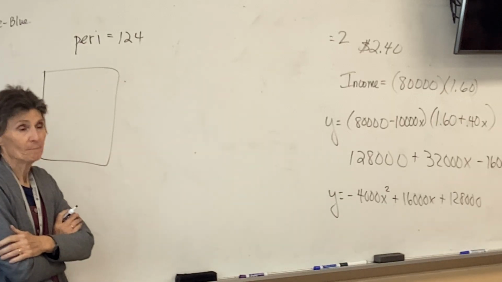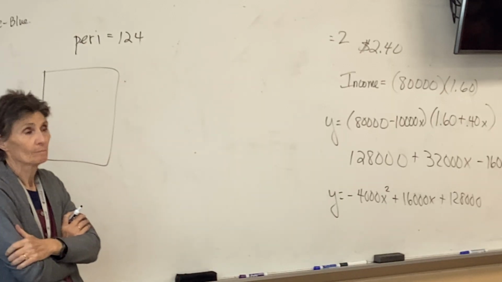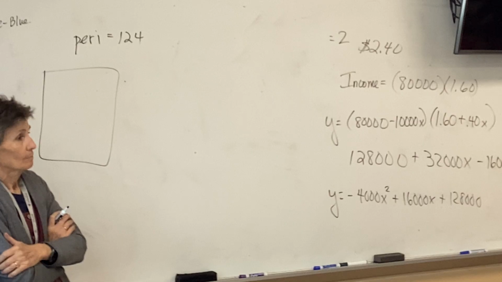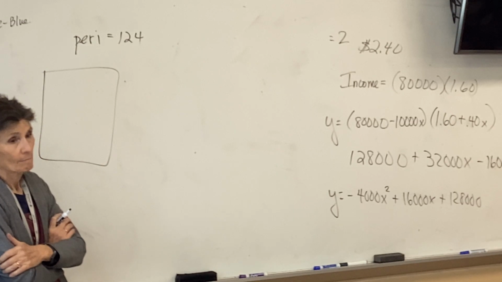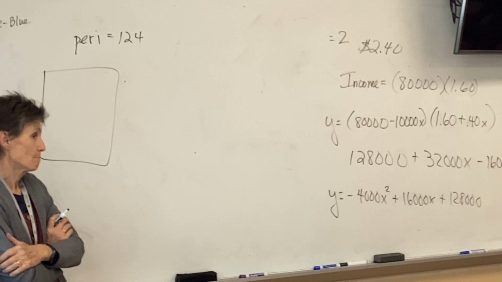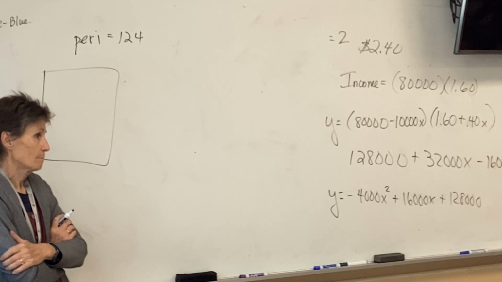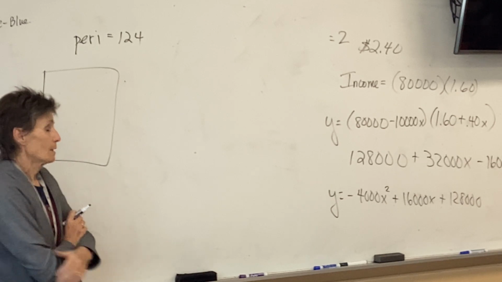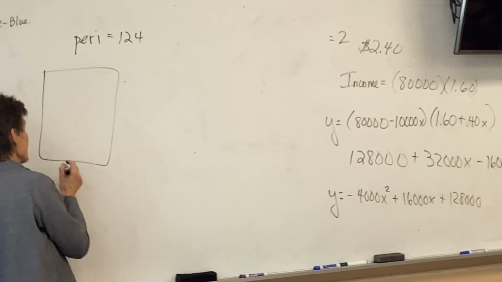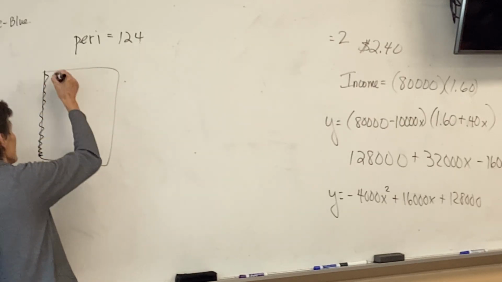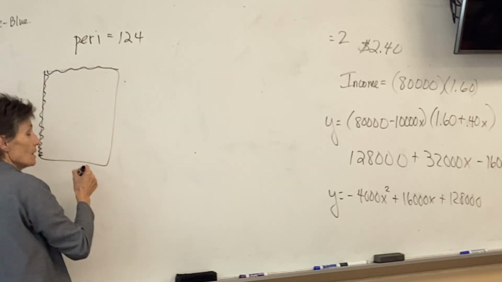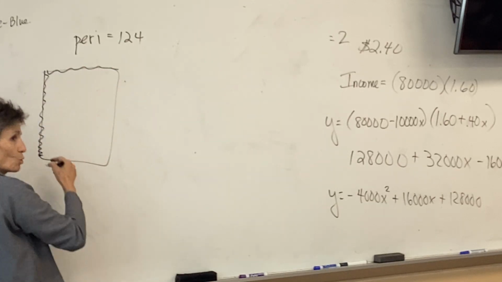All right, help me. Think about this for a second. All the way around is 124. So how much is the squiggle part?